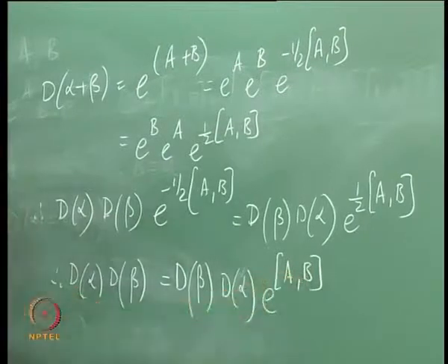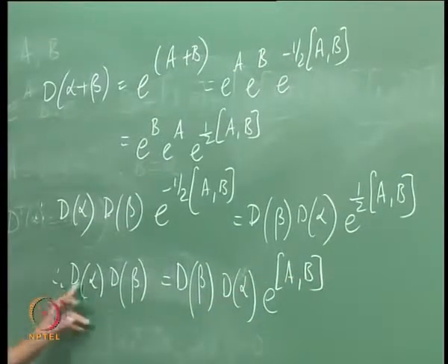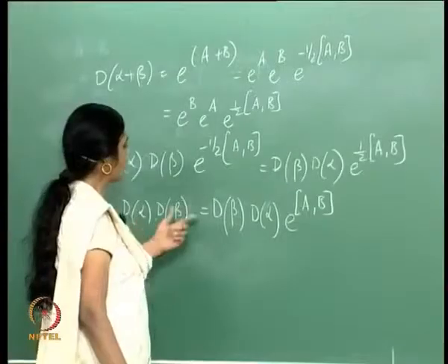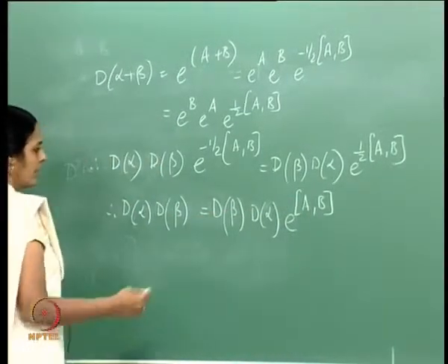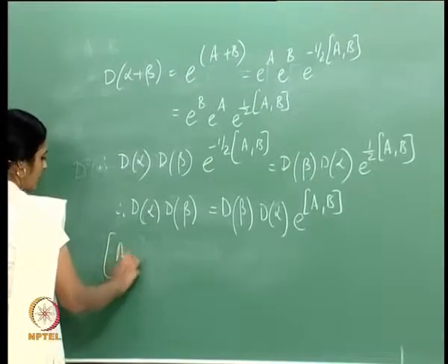I have this object as an extra piece, and D of alpha D of beta is D of beta D of alpha, e to the commutator of A with B. Now, what is the commutator of A with B in this case?